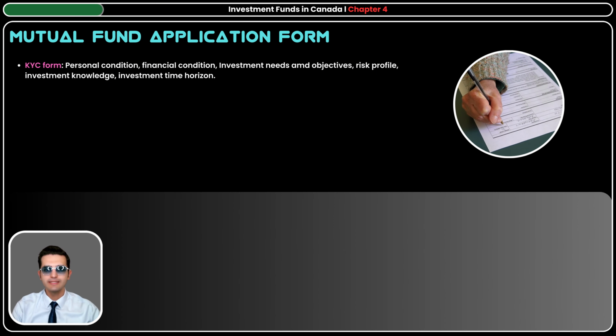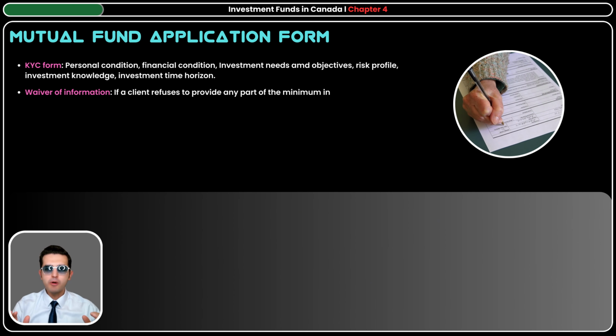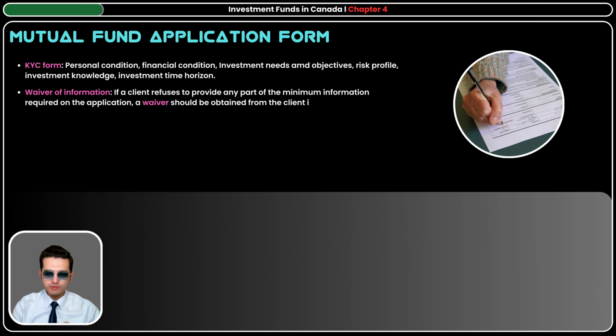The next form is the waiver of information. What's that? If a client refuses to provide any part of the minimum information required on the application, a waiver should be obtained in written form from the client.